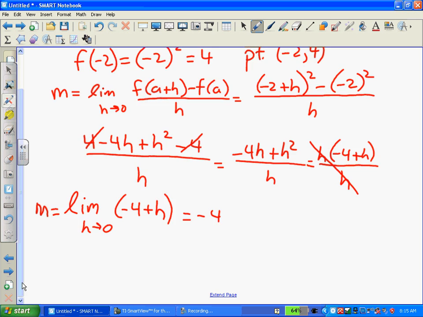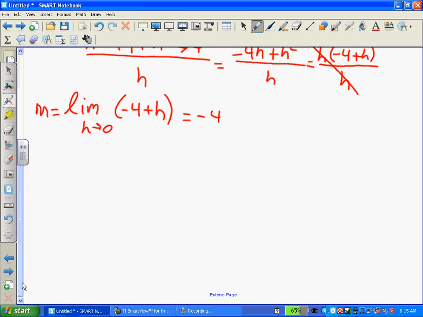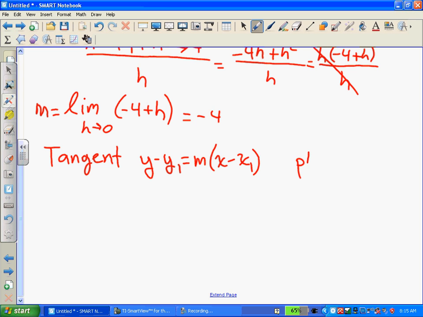The next step is we want to find the tangent line. Well, we have the point slope equation of a line, and that says y minus y1 equals m times (x minus x1). And our point is (-2, 4), and our slope is -4.